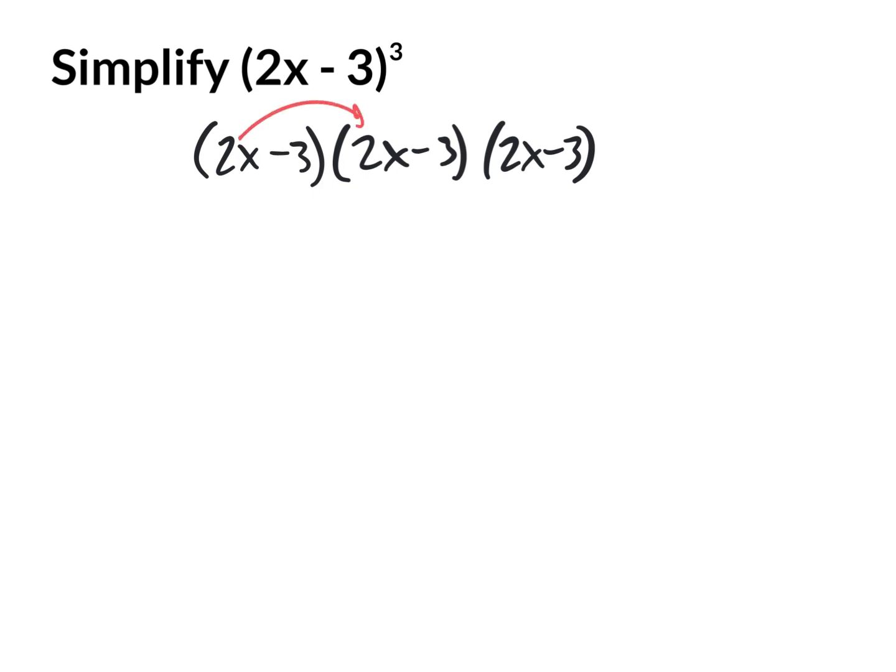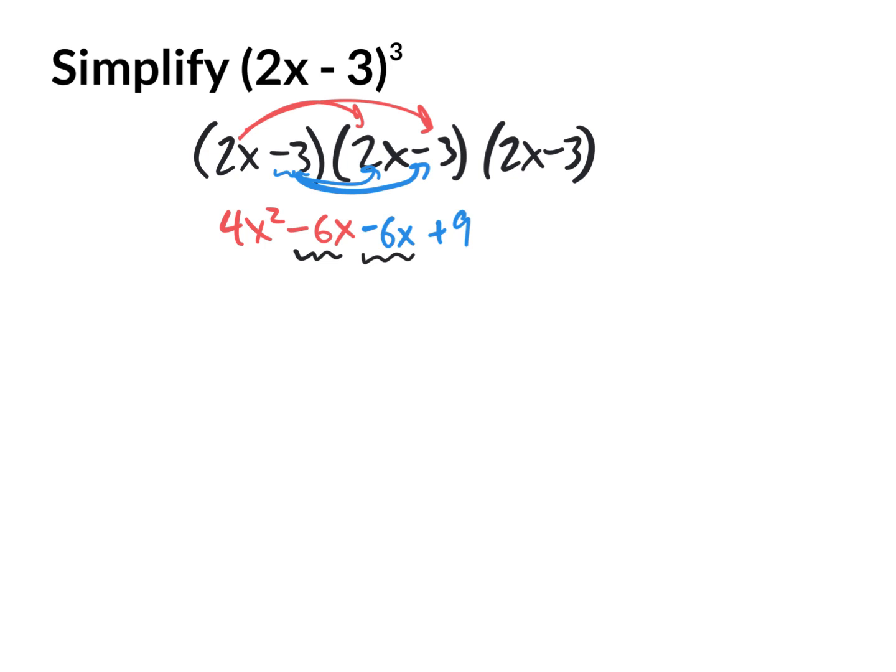2x times 2x is 4x squared. 2x times negative 3 is negative 6x. And then please correct me if I'm wrong because I make mistakes as well. Then I distribute the negative 3 times 2x. That's a negative 6x. And then negative 3 times negative 3, that's a positive 9. And yes, we could combine the middle terms. They're both like terms.